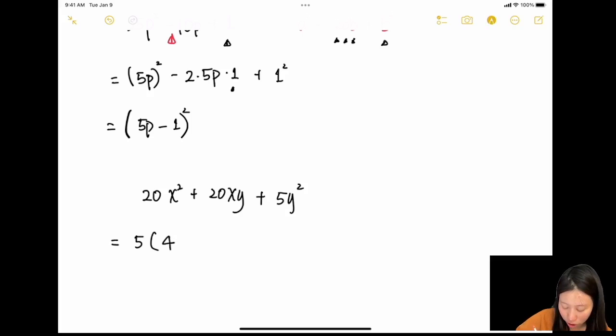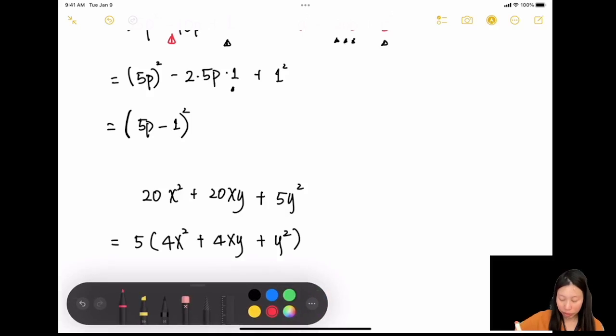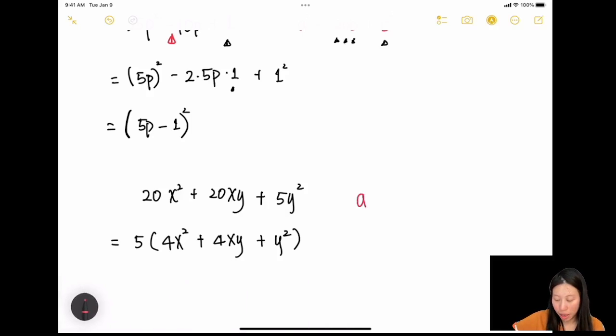So when we factor the 5 out, we have 4x squared plus 4xy plus y squared. Okay. So the form is a squared plus 2ab plus b squared equals a plus b squared.